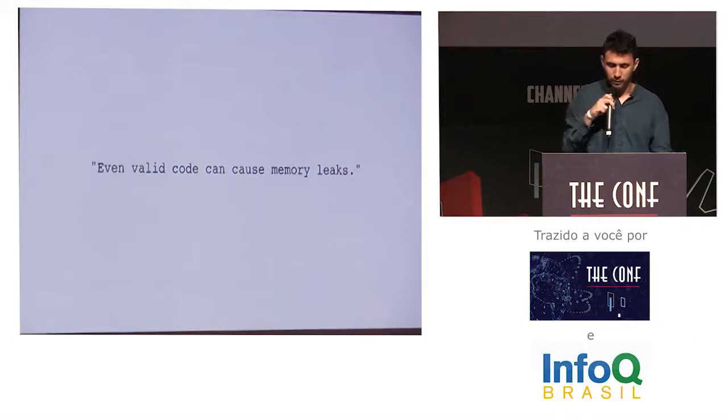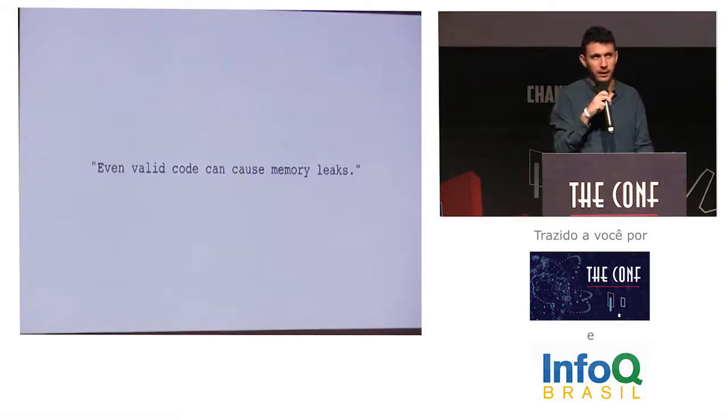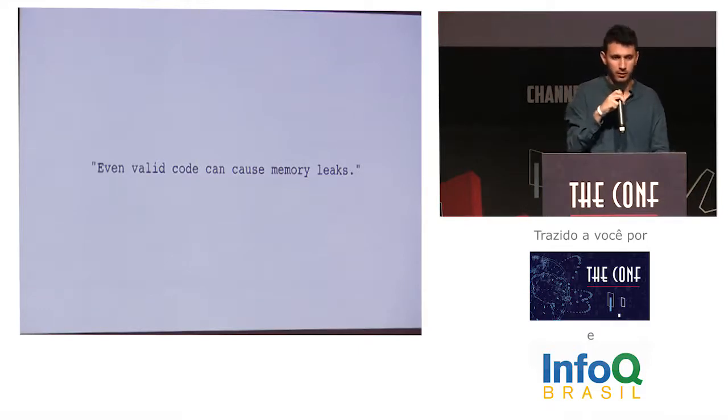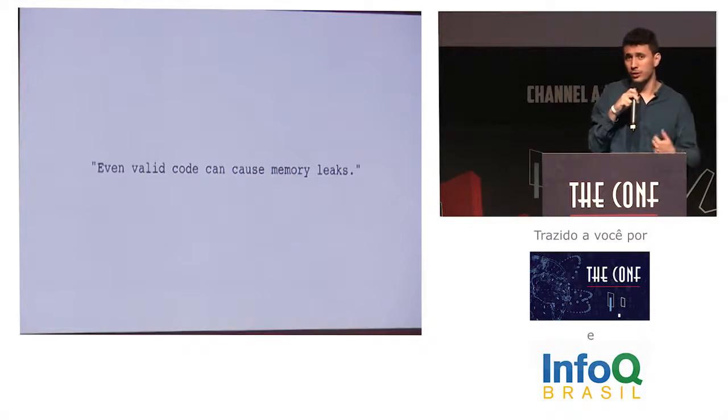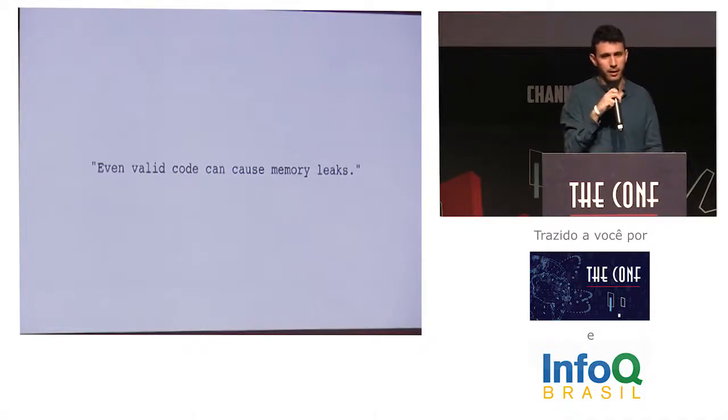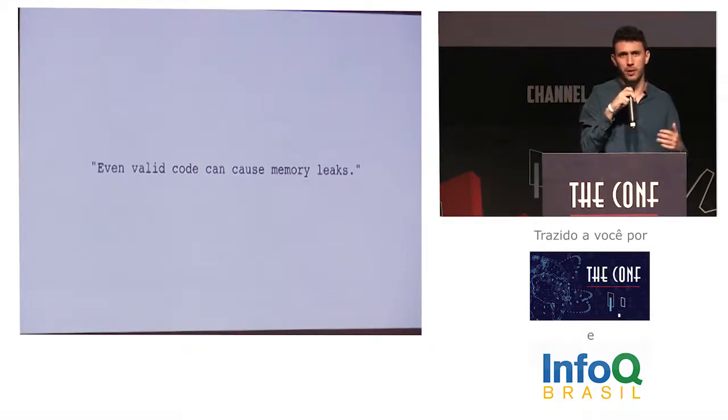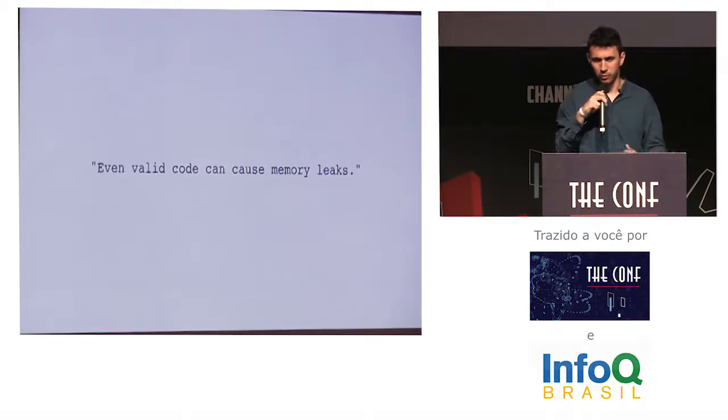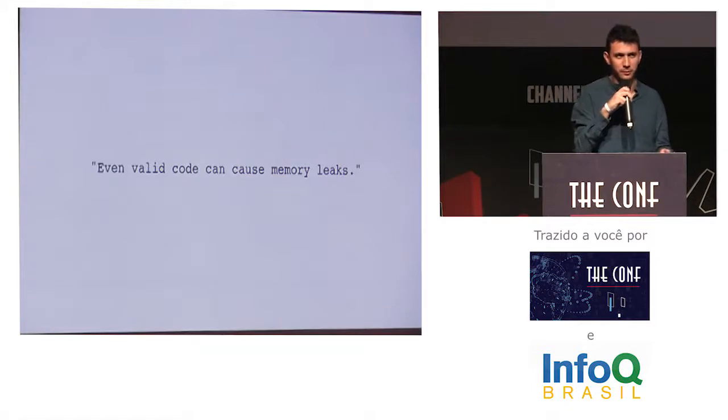So even valid code can cause memory leaks. It's a truth for us who develop with Node.js, because ECMAScript doesn't give us an API for custom memory management, so we don't have anywhere to run. We have to accept this fate.